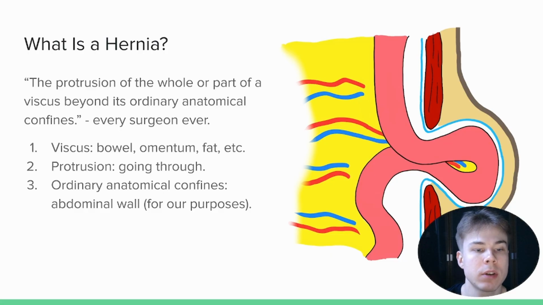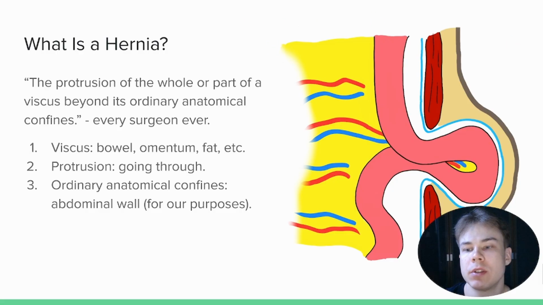So in our case, the viscus is usually going to be bowel, omentum, or fat, although in theory it could be any intra-abdominal organ. Protrusion just means going through something, and the ordinary anatomical confines for our purposes are the abdominal wall, which is usually the anterior abdominal wall, but it can be the posterior abdominal wall as well.